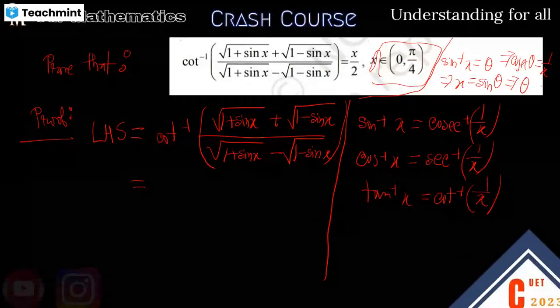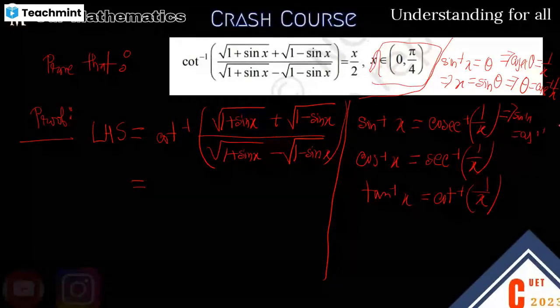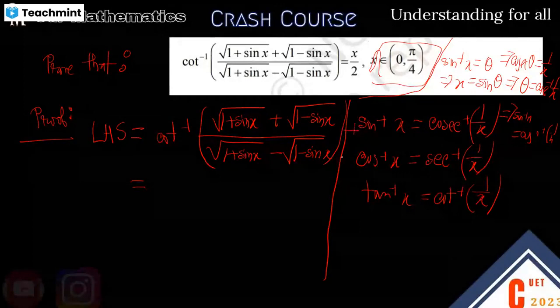Theta is equal to cosec inverse 1 by x, which means sin inverse x is equal to cosec inverse 1 by x. These three formulas are very easy to remember, just remember them. Okay, let's prove this question.